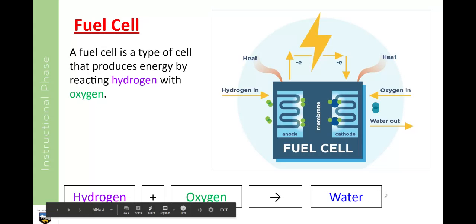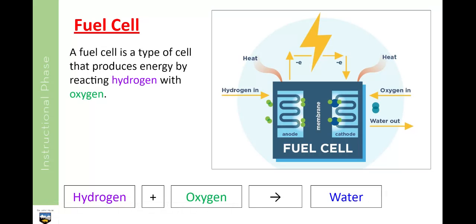Now, one of the problems with using fuel cells is that the hydrogen that we need to react with in the fuel cell comes from fossil fuels, from crude oil. And fossil fuels are what we call a finite resource. They'll run out one day.